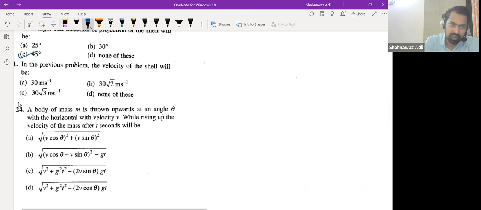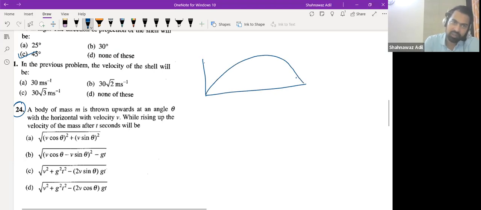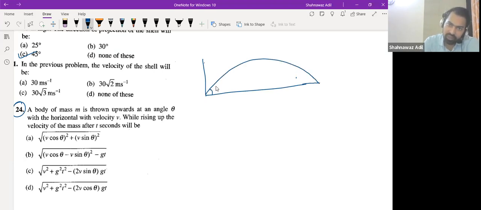Right. So a body of mass m is thrown upward at an angle theta with the horizontal with velocity v. So we have projected this projectile with velocity v, right, with an angle theta.